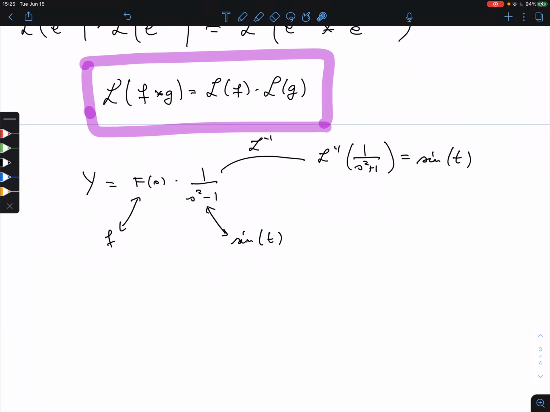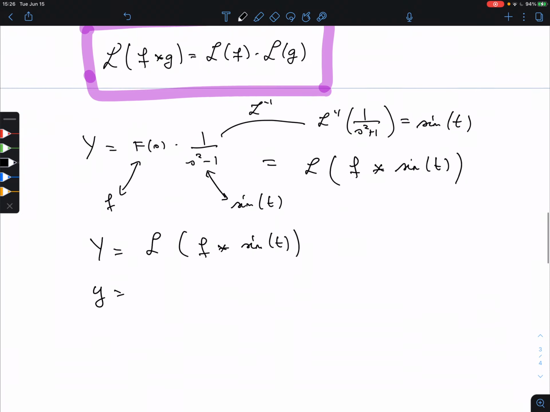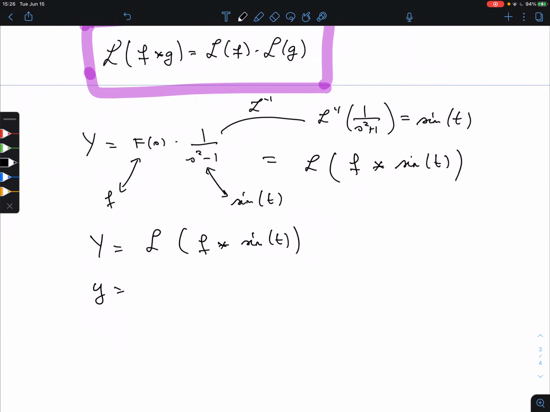That's the Laplace of the convolution product. So we know that capital Y is the Laplace of f star sine t. That means that little y is the inverse Laplace of the Laplace, which is just the original function.